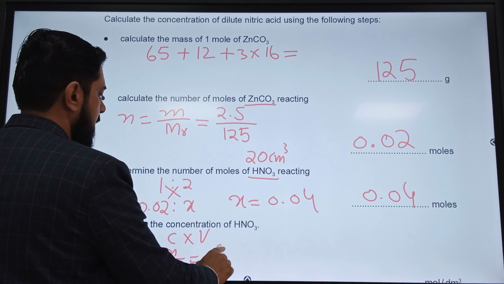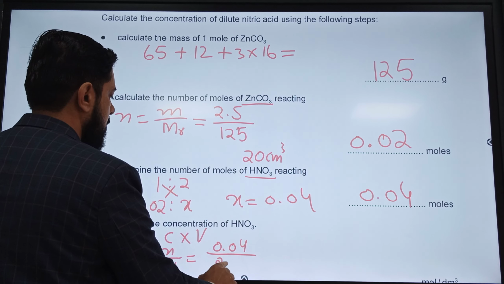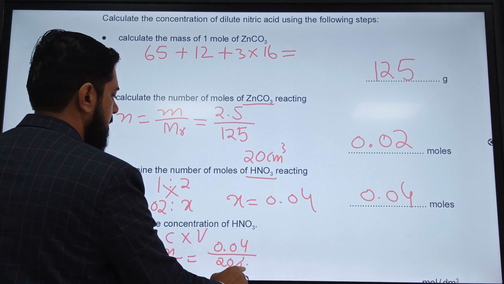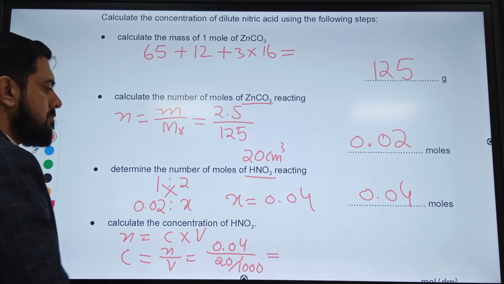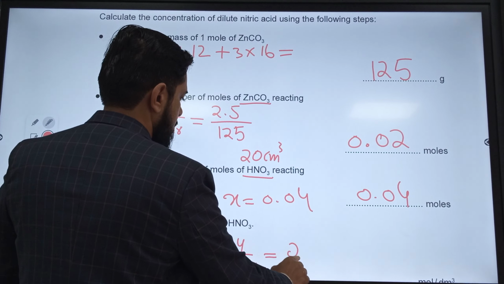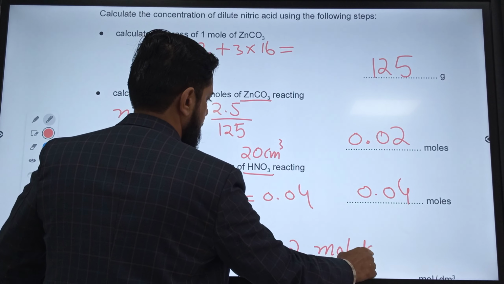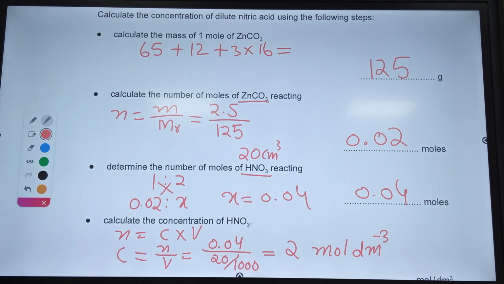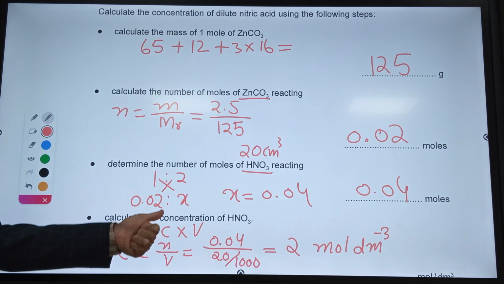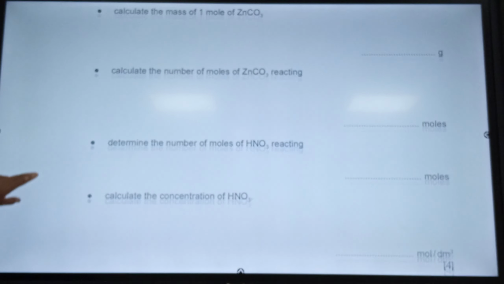So the moles we obtained are 0.04, divided by the volume, 20 divided by 1000. What should be the answer? I think the answer is 2 mole per dm cube, but you have to calculate and confirm. Use the same formula and confirm. So now I think the question is finished.